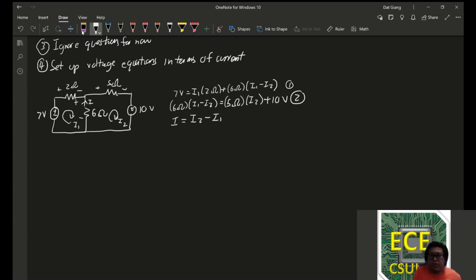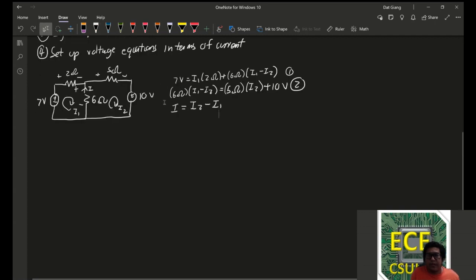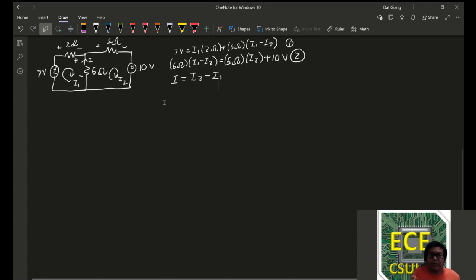So, as usual, we solve it just like we would for nodal analysis. However, notice that solving systems of equations gets a little complicated. So we're actually going to employ something clever.